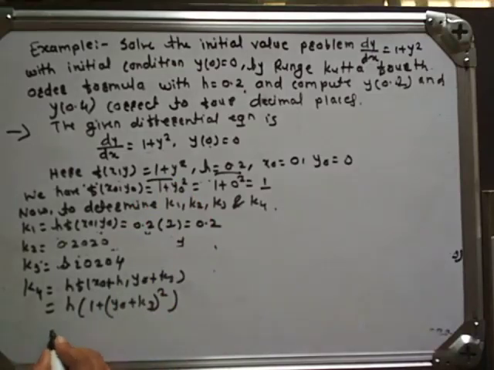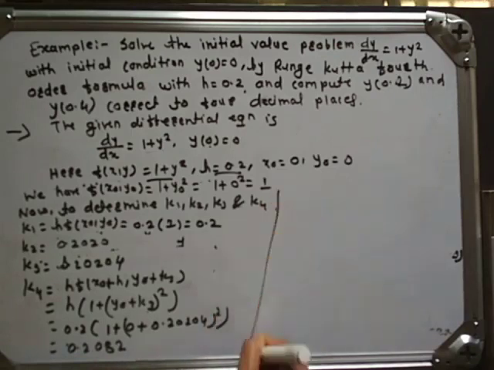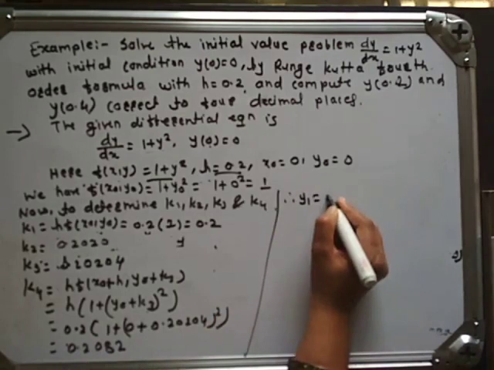This is equal to h is 0.2, 1 plus y0 is 0 plus k3 is 0.20204 bracket square. So K4 is equal to 0.2082.